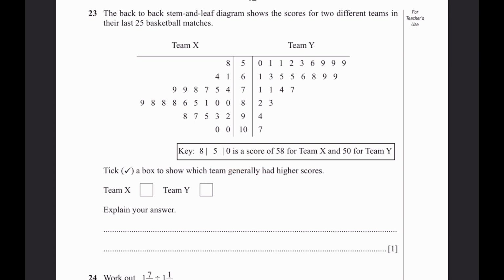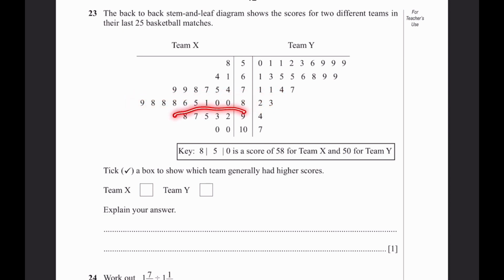So let's see. Team X only has 1 in the 50 range, but Team Y has 9 in the 50 range. Team X has 2 in the 60 range, but Team Y has 8. Team X has 6 in 70, and Y has 4. In the 80s, X has 9 and Y has 2.